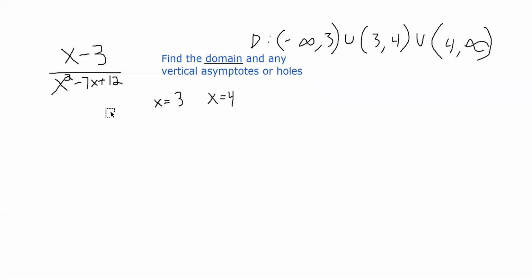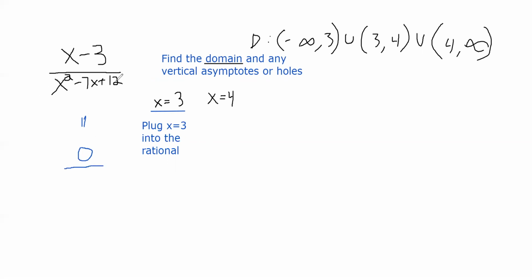The cool thing is, by finding that domain, we've already started to locate some vertical asymptotes. Let's zoom in on x equals 3. Let's plug x equals 3 into the rational. So I'm going to put a 3 in for x. You'll notice you're going to get a 0 on top. 3 minus 3 is 0 on top.